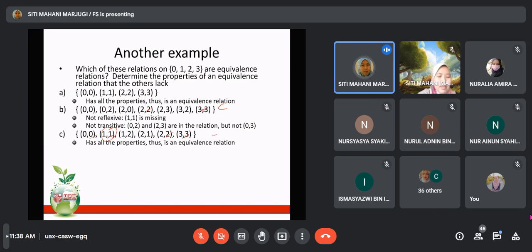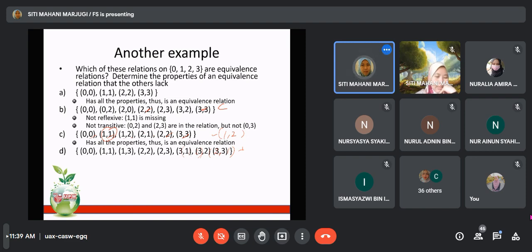Ini reflexive. Ini symmetric. Okay. Transitive. 1, 2, 2, 2. So we got the 1, 2. Okay. Ni ada transitive.